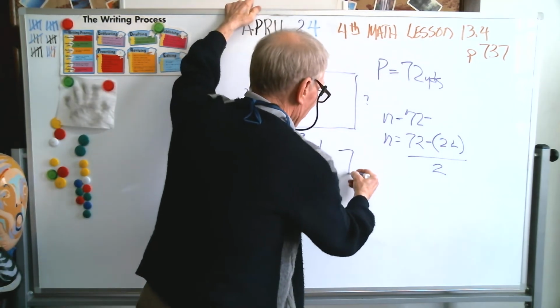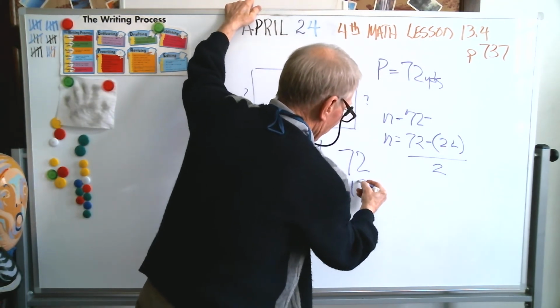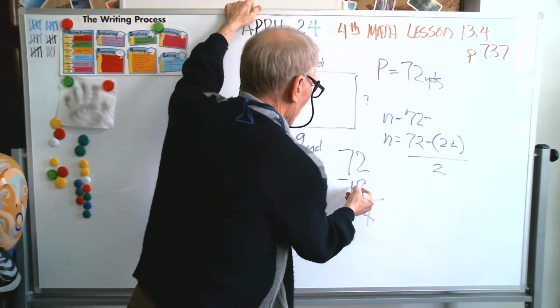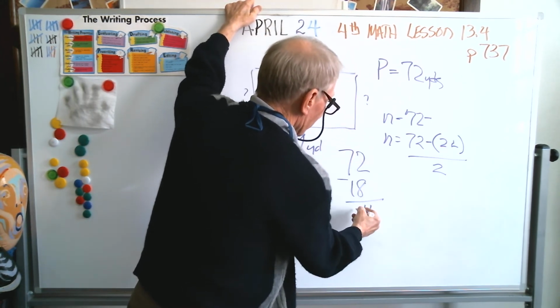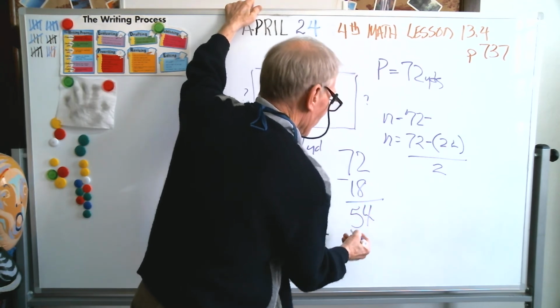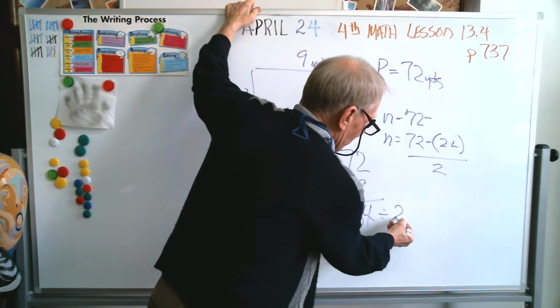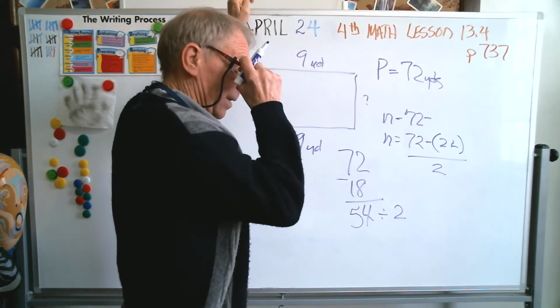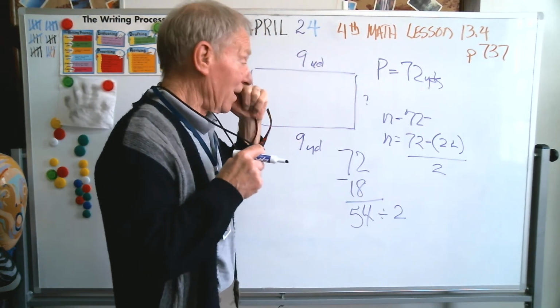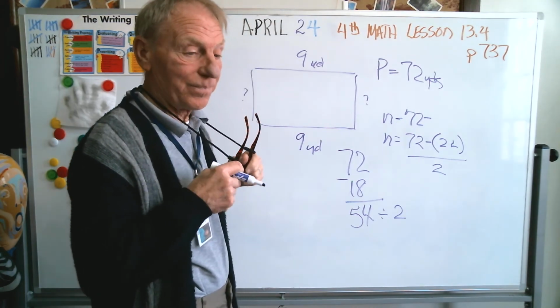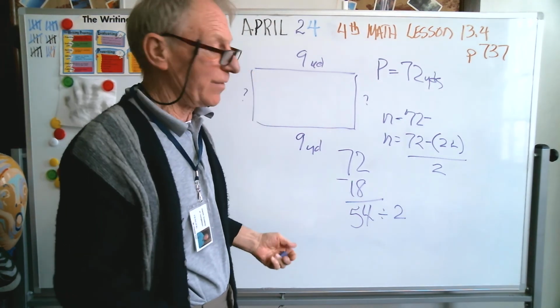So you got 72 minus 18. 8 from 12 is 4. Borrow 1 from 6 is 5. And then that divided by 2. And what's half of 54? It'd be 27. 27 and 27 is 54.